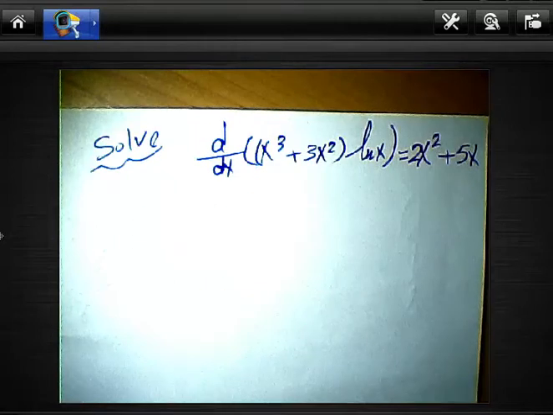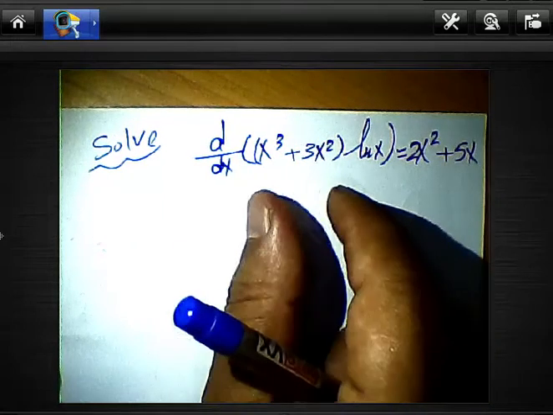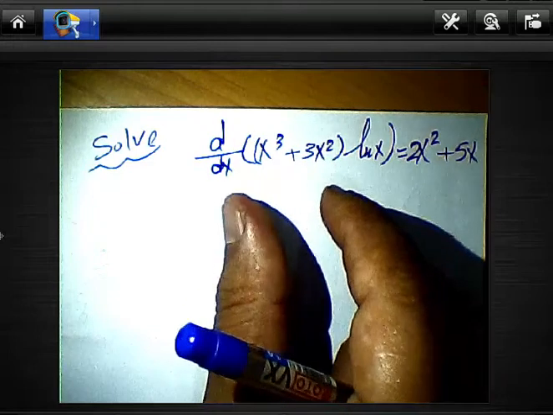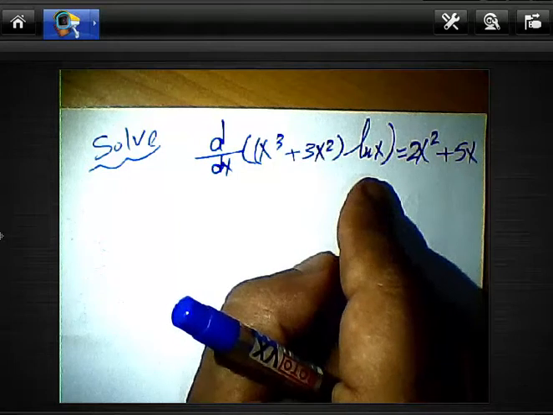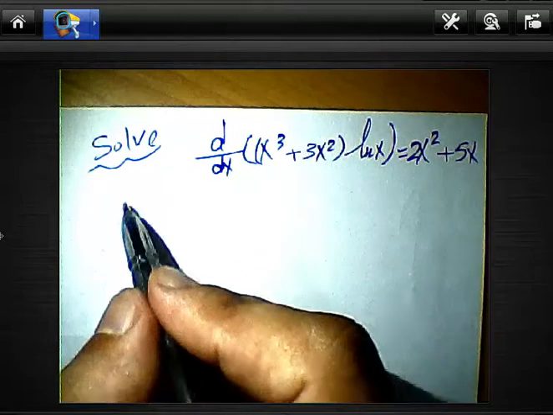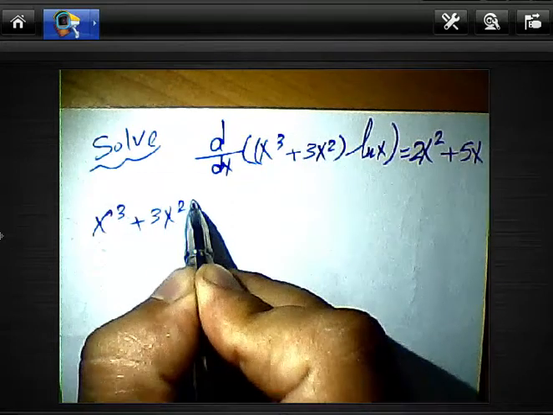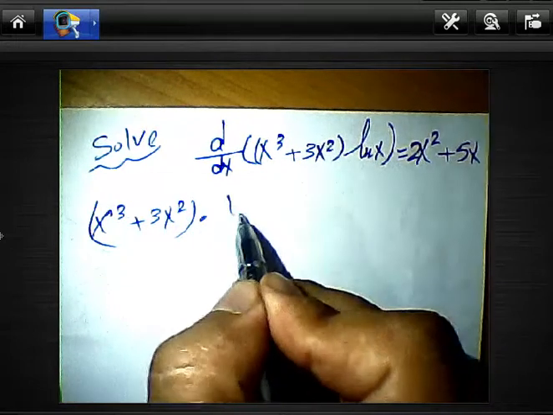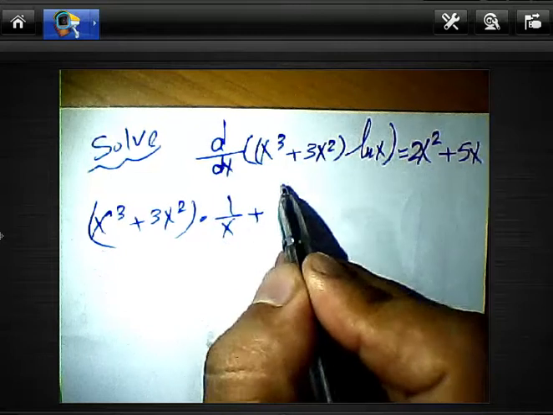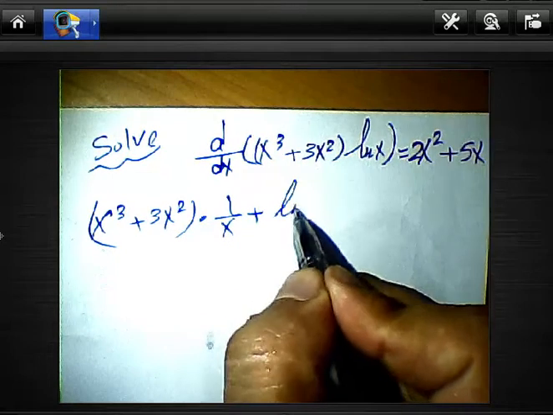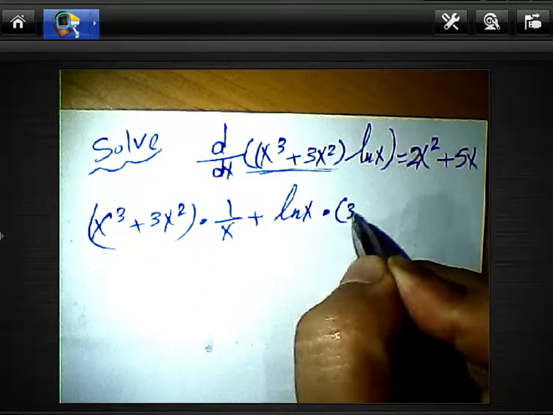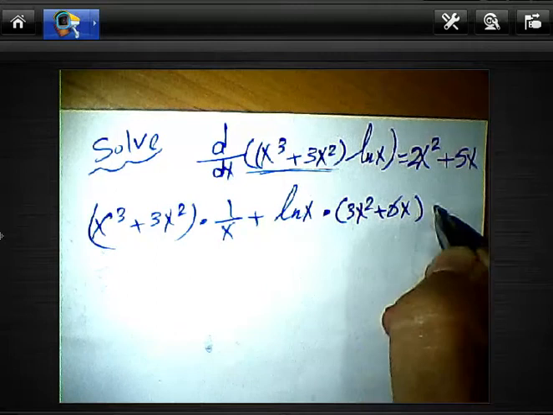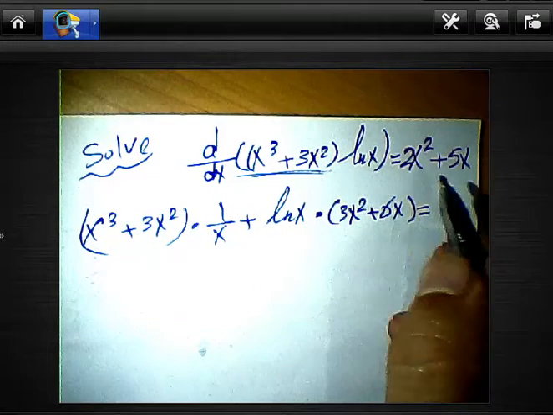Now we want to solve this derivative of a function equal to an expression. We can find the derivative of the multiplication of two functions: x power 3 plus 3x power 2 multiplied by ln x. We can write the first here multiplied by the derivative of the second, which equals 1 over x, plus we write the second, ln of x, multiplied by the derivative of the first, 3x power 2 plus 6x, equal to the derivative of this function, which will be 4x plus 5.